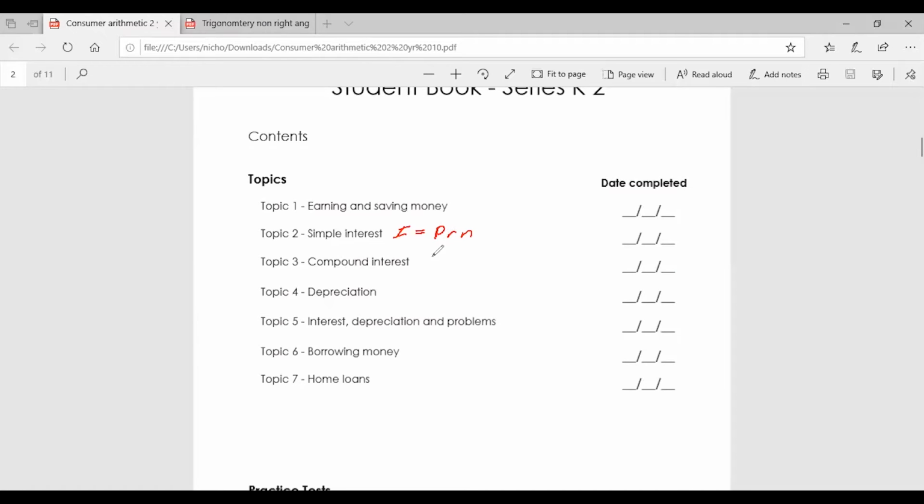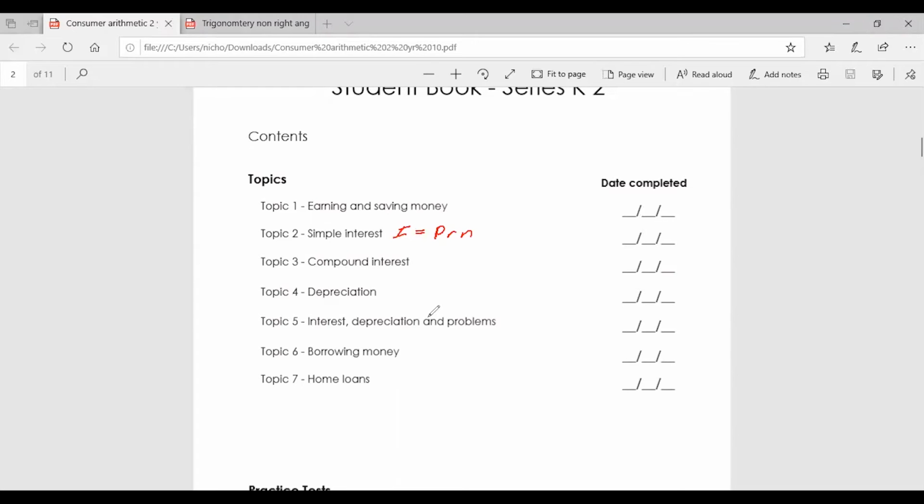And what's the R stand for? Rate. And what's the N stand for? Number of periods. So if you're paying it back over 3 years, then it'd be 3.